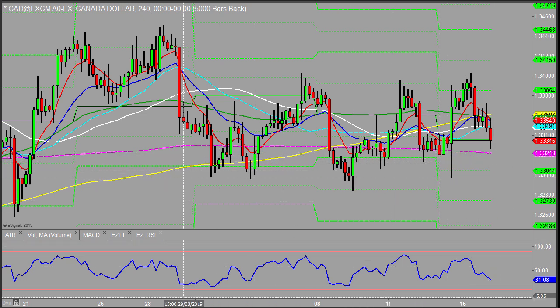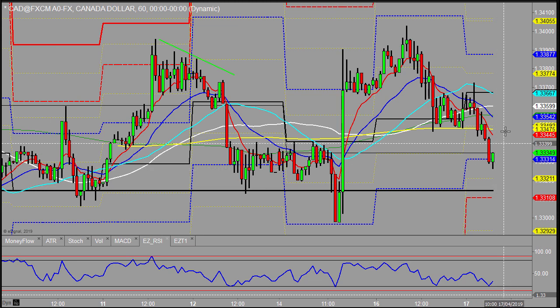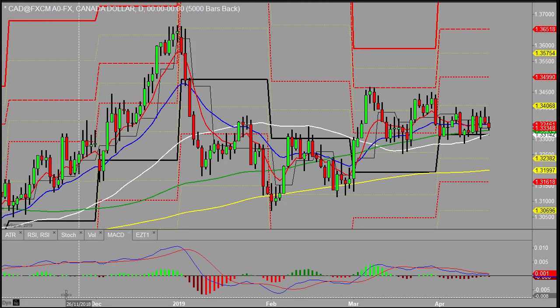I'd say almost long overdue, but for now it's done the daily pivot, done the S1. Perhaps that's as far as it's going to go. Maybe that too will reverse a little bit through the London European sessions. Not that convincing. It's just choppy, isn't it? Okay, let's see, daily there.